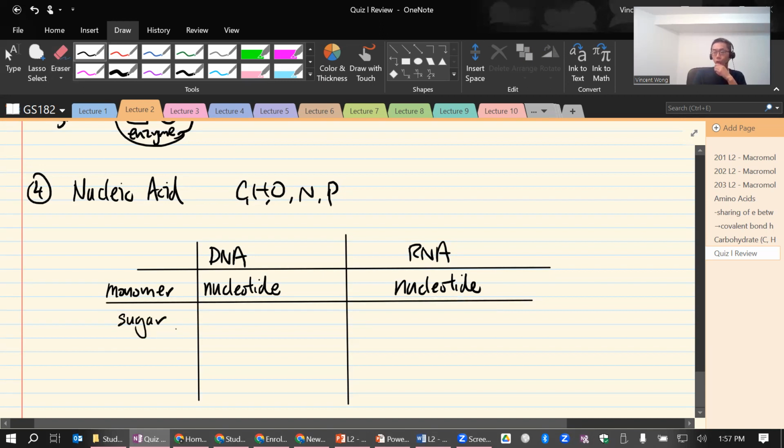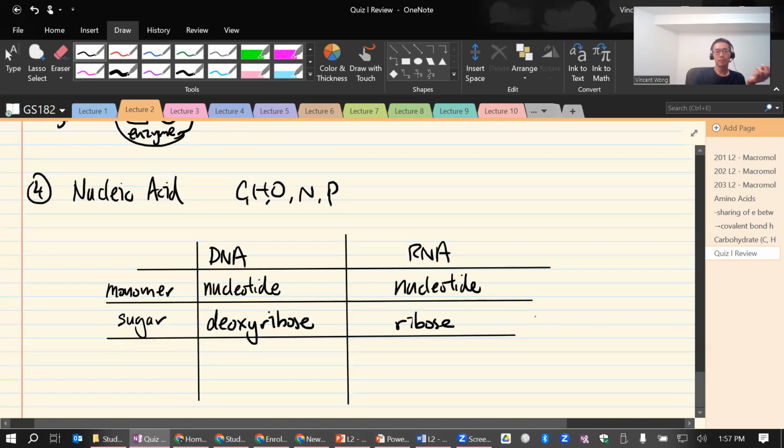The kind of sugar that you will find in the nucleotide would be deoxyribose for DNA and ribose for RNA. The base: A, C, G, T, and A, C, G, U, right?